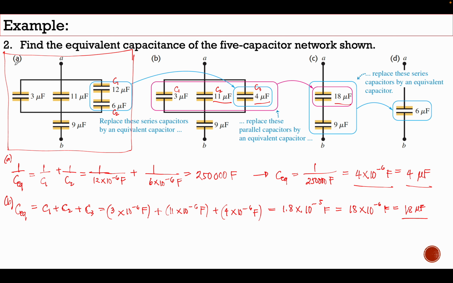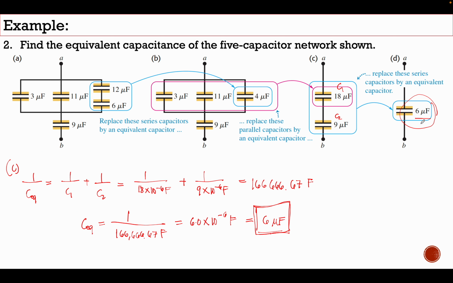So from letter A, we simplified the network to letter B, then to letter C, until we arrived at our equivalent capacitance, or the total capacitance, which is equal to 6 microfarad. So that is our discussion all about capacitors and capacitance in series and parallel.